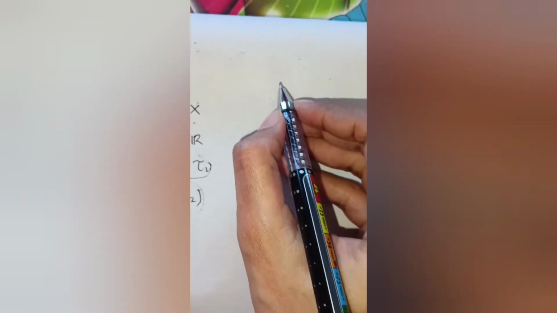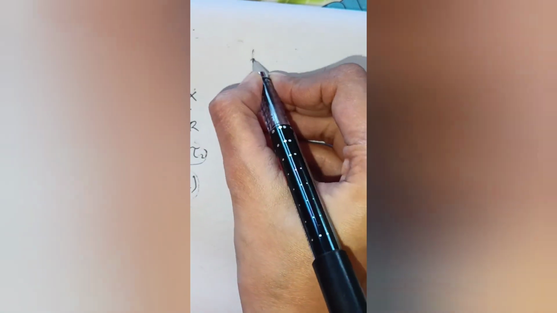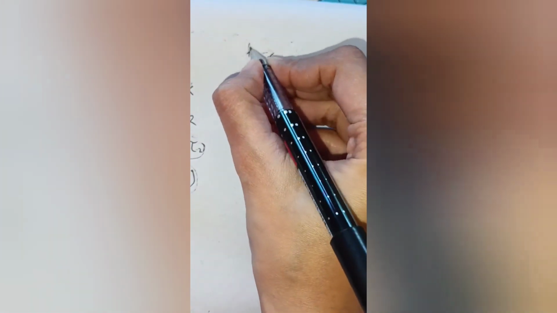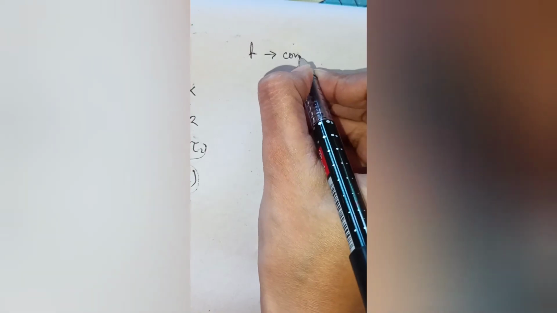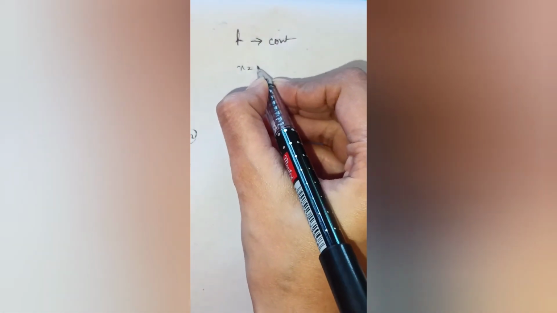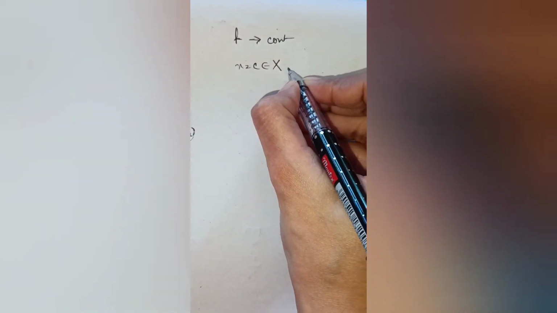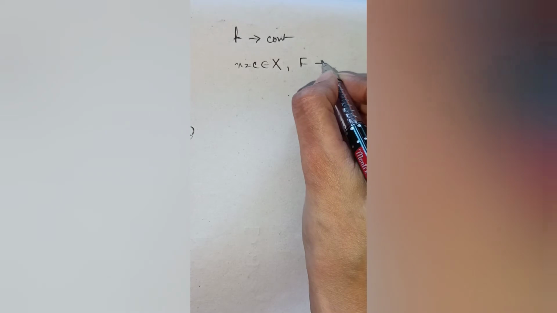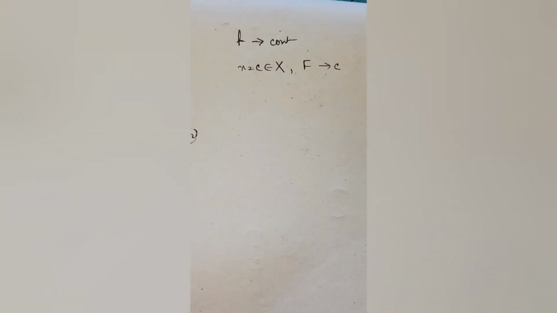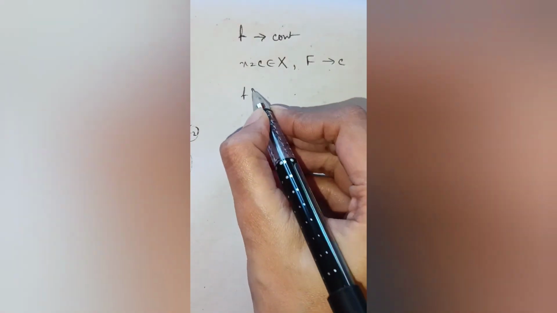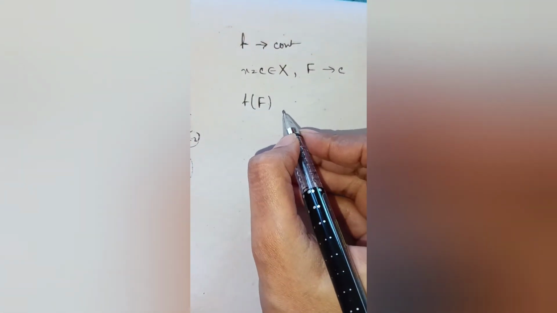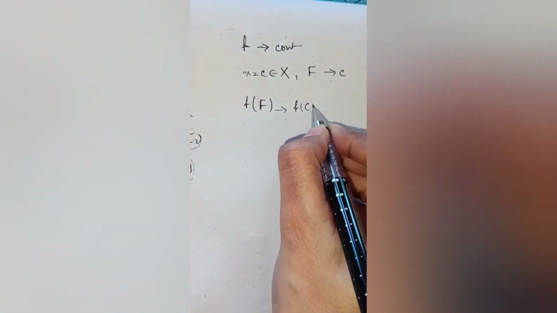Let us assume that f is continuous, and for x equal to c belonging to capital X, there exists a filter that converges to c. Now we need to prove that f of capital F, that is the f image of capital F, converges to f(c). We have to prove this.